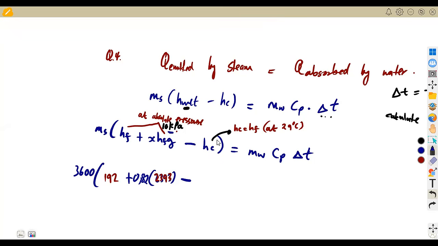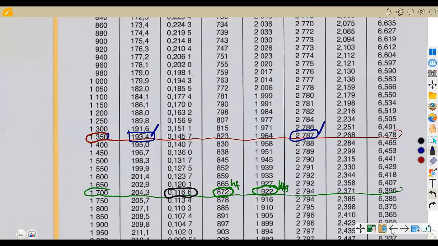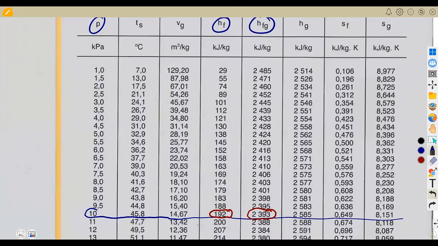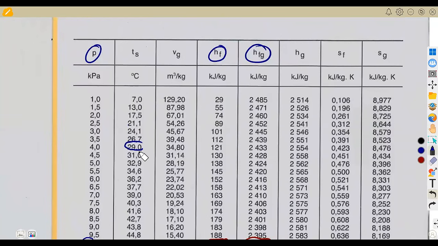So HC also from our steam table is the value of HF at 29 degrees Celsius, at TC. At 29 degrees Celsius, what is the value of HF? We need the temperature this time, at 29. As you can see, the corresponding value of HF here is 121 kilojoules per kg.